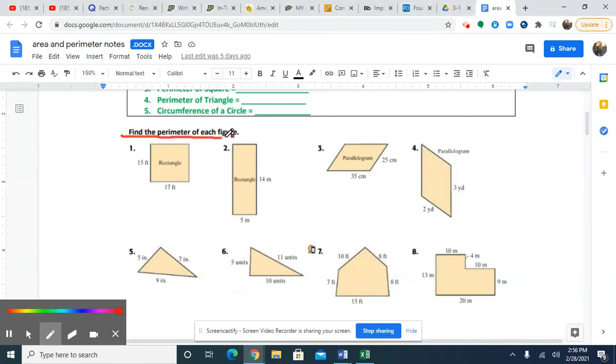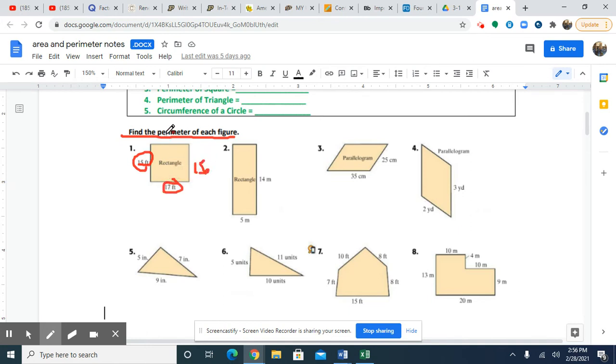So finding the perimeter essentially just means adding up all of the outside of a shape. If we're looking at something like a rectangle, we should know that a rectangle has two sides that are the same. So if this side is 15, then this side is also 15.